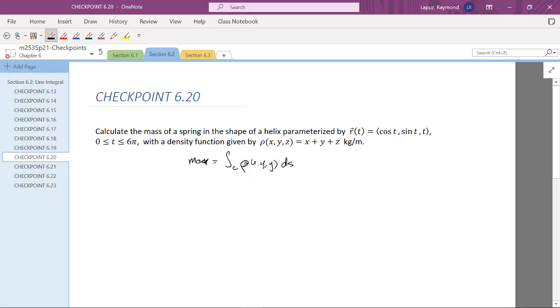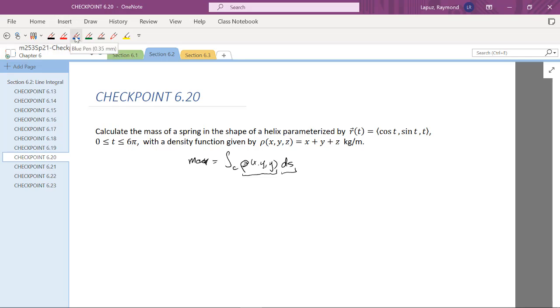All right, and so we have all that information, and we can just go ahead and plug the values in. This is ds without the arrow. This is a scalar function, so this is actually a scalar line integral.